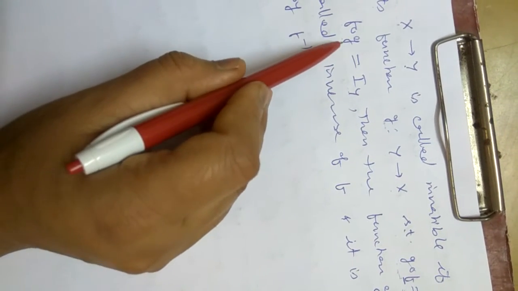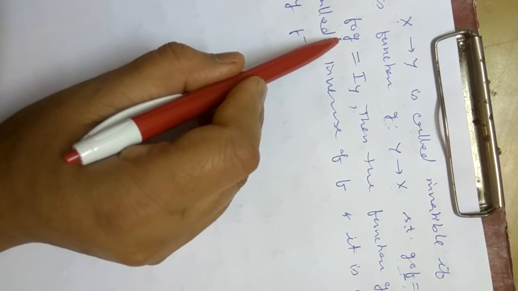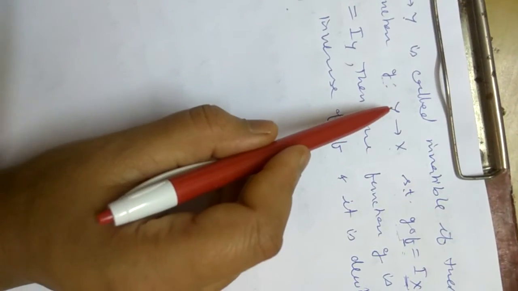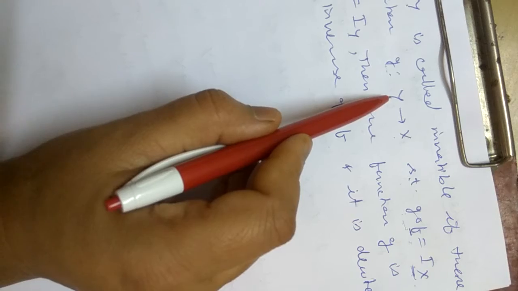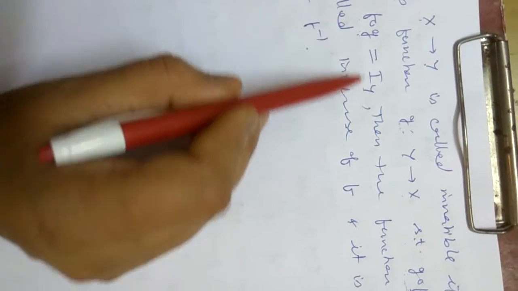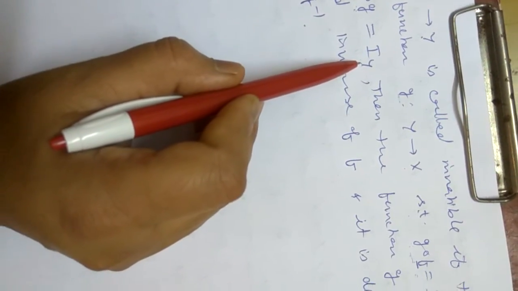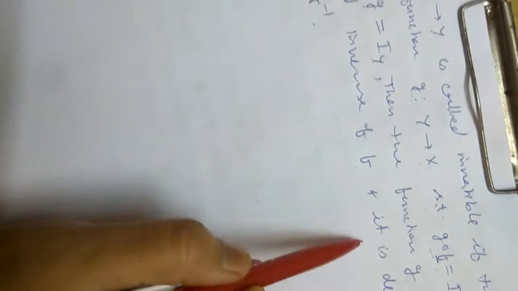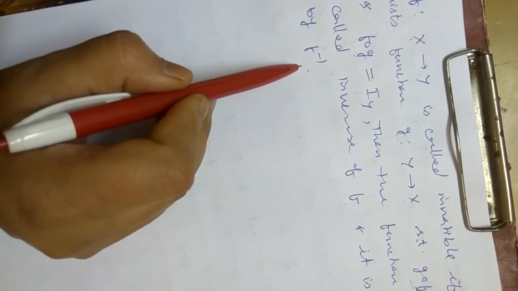What is the input of f of g? The input of f of g means the domain of g. The domain of g is Y, and therefore it is the identity function IY. Then this function g is called the inverse of f, and it is denoted by f inverse.